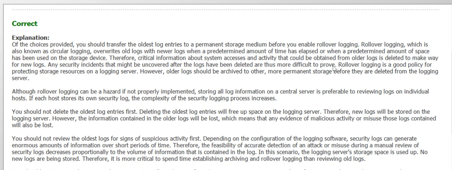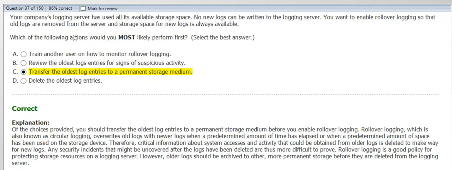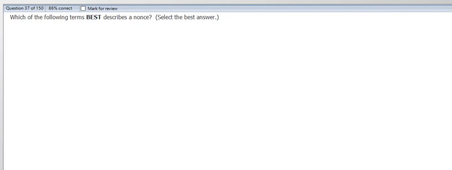It is a good policy for protecting storage resources on the logging server. Older logs should be archived to another permanent storage before they are deleted from the logging server. The main purpose is that the old data should be saved, and also new logs should continue to be written on the server.